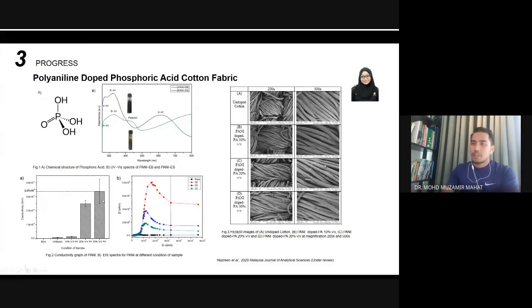There is some conductivity, as usual, if we increase, it will be increased. And this, we can see again, that by using another type of acid, which is phosphoric acid, because we tried so much to see if there is any variation of having different type of acid in terms of conductivity.